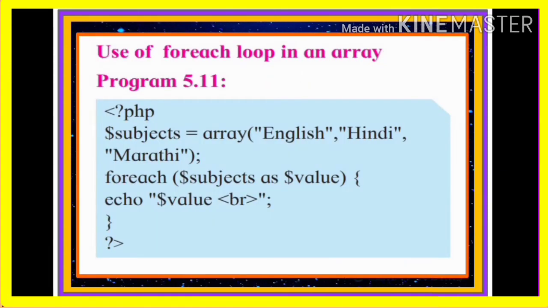Use of foreach loop in an array. As we discussed earlier, this loop works only on arrays and is used to loop through each key value pair in an array. Program 5.11 shows use of foreach loop in an array. When you save and run this program, you will get this output.